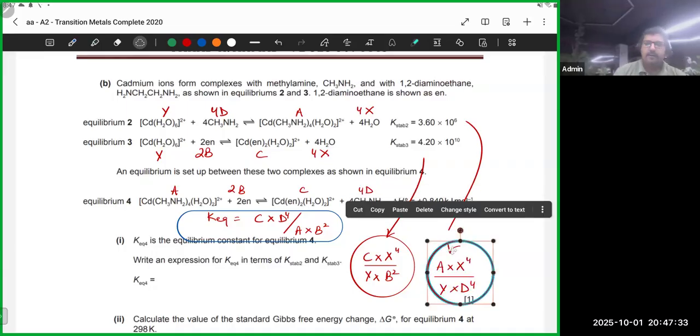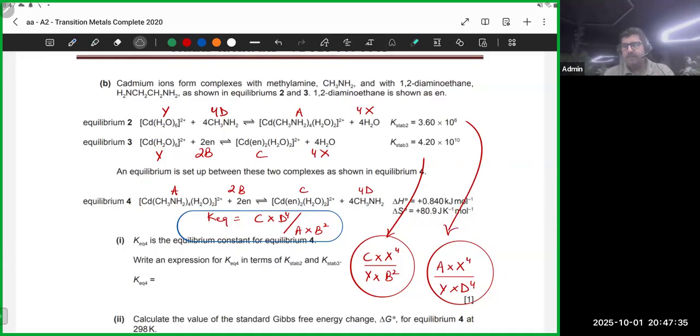The A, B, C, and D that I added over here were just added so that I could simplify things, because the actual values were quite different. I think if I divide the two, what gets cancelled out? The x to the power 4 will get cancelled out, the y will get cancelled out.